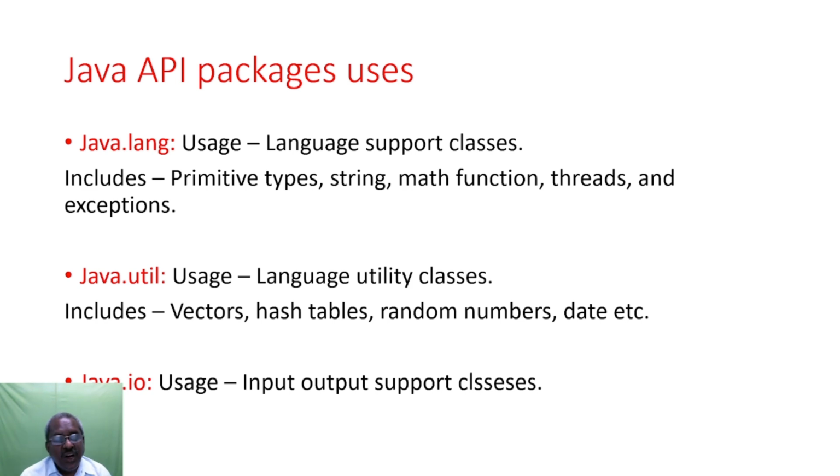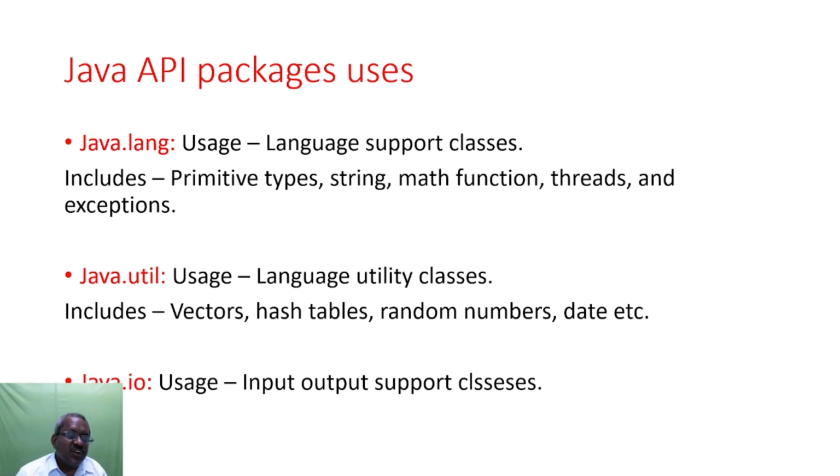For example, how do you support primitive types? Actually the data type in Java is going to be a class, but still we can use integer and float. In such places we have to support the primitive types, and we have to support string, math functions, threads and exceptions.